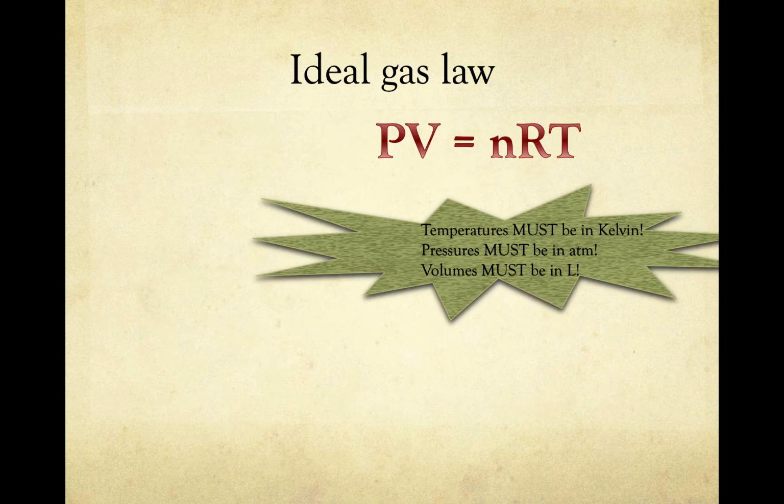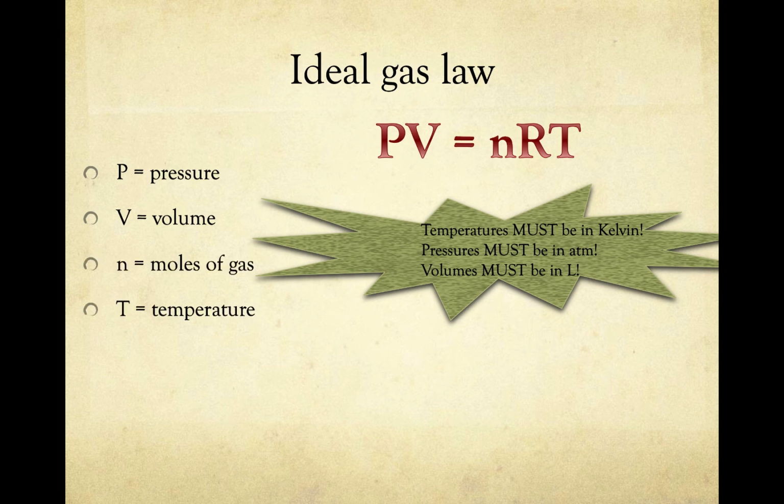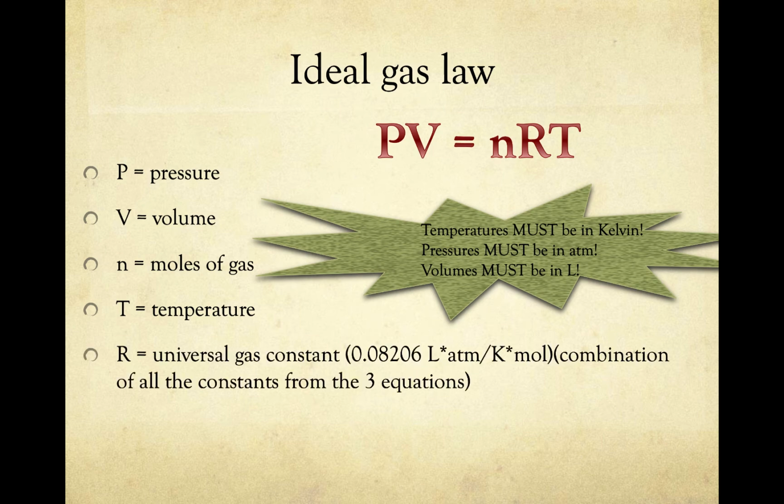So the ideal gas law is mathematically expressed as PV equals nRT, P being pressure, V being volume, n being moles of gas, T being temperature, all those things we talked about in first year chemistry, and then R is called the universal gas constant. It's actually a combination of the constants from all three of the equations that we looked at before.